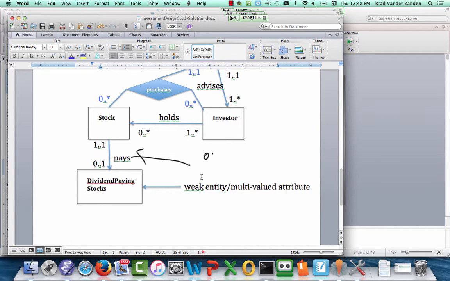Okay, so anything that's optional, you might consider any optional attribute, you may want to represent as a weak entity.